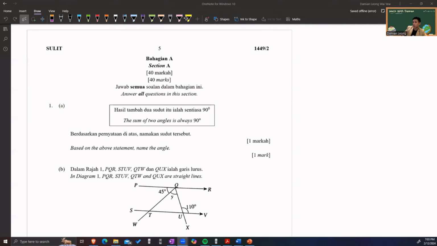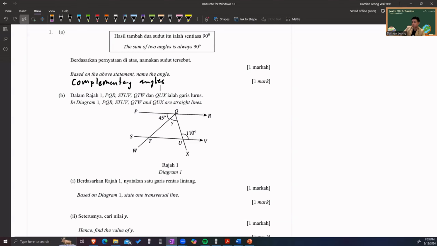Two angles that add up to 90 degrees are complementary angles.